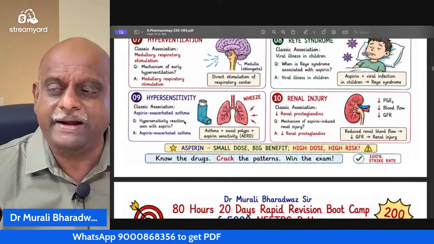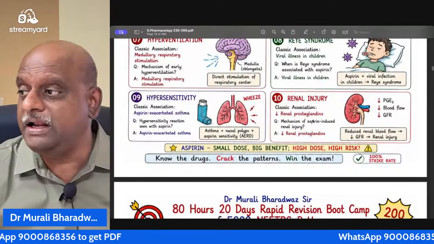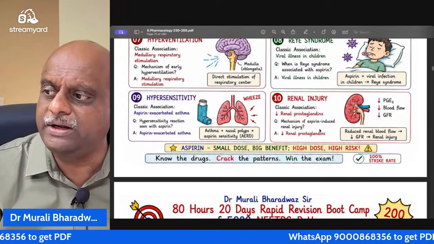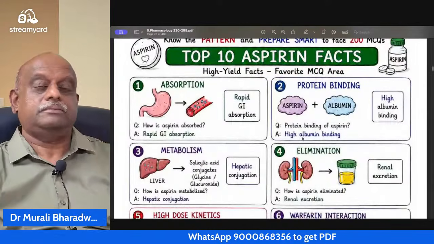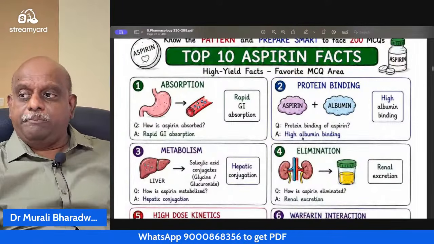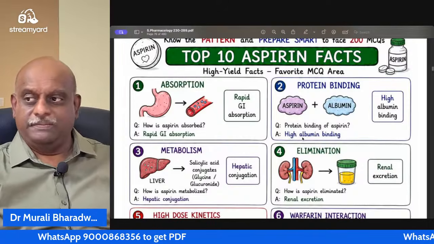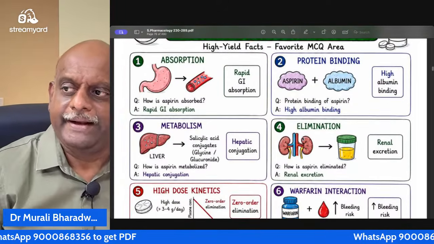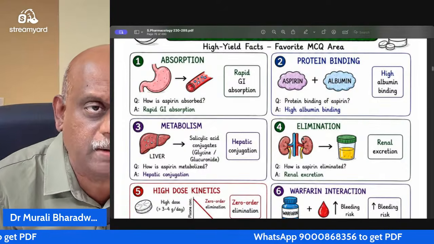Aspirin exacerbates asthma and it decreases the renal prostaglandins, leading to the development of renal failure. You need to remember. Now, important key points. Aspirin is rapidly absorbed from the GI.